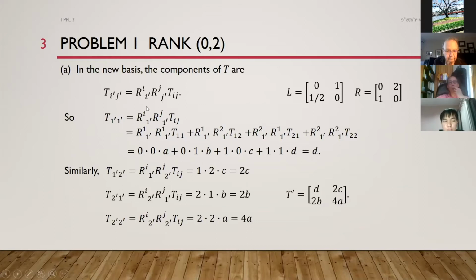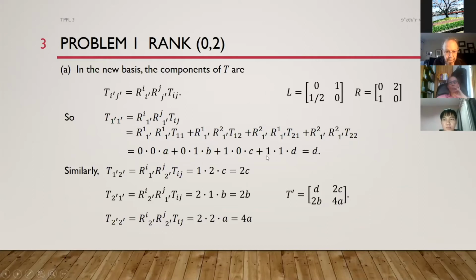So we have this sum where 1 prime and 1 prime are fixed, and we have a sum over I and J. If we write out all of the terms, you'll see that 1 prime is consistently on the bottom, but the upper indices of the R's and the lower indices on the T go through all the possibilities: 1,1, 1,1, 1,2, 1,2, etc. Now, because of the zeros in the matrices, a lot of these terms will be 0.